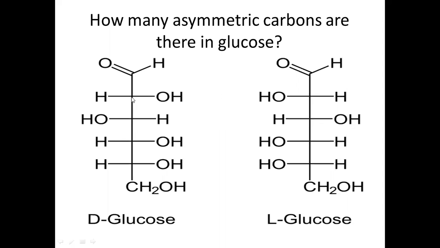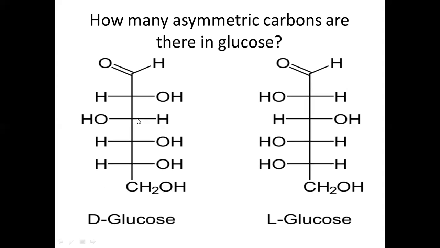How about carbon 2? Is it asymmetric? Yes, it is. Because it's joined to the hydrogen atom here and the hydroxyl group here, and the carbonyl group, the CHO group here, and the rest of the structure.